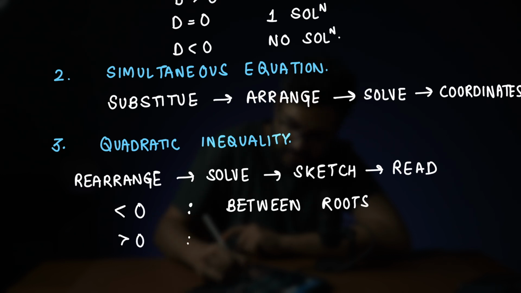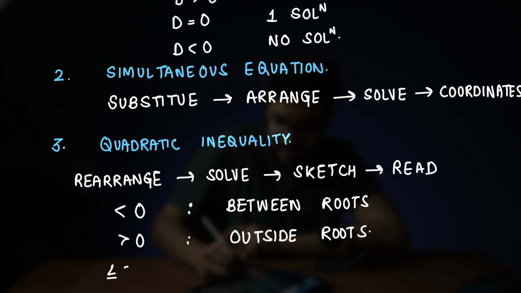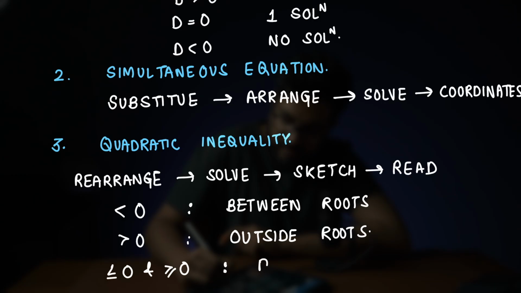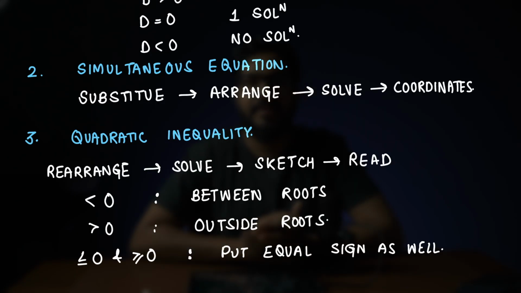If it is greater than 0, then outside the roots. And whenever it is less than or equal to 0 or greater than or equal to 0, put the equal sign in the inequality as well.